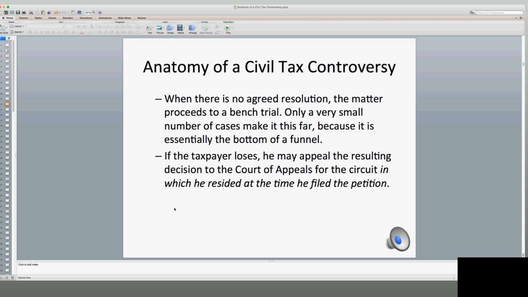When there's no agreed resolution, the matter proceeds to a bench trial. And yes, only a very small number of cases make it this far because it's essentially the bottom of a funnel. I don't have the most recent statistics, and I hesitate to quote any number, but I can tell you from experience as a criminal defense attorney in the criminal justice system that only about 4% of the cases, at least in the superior courts in New Jersey, go to trial.